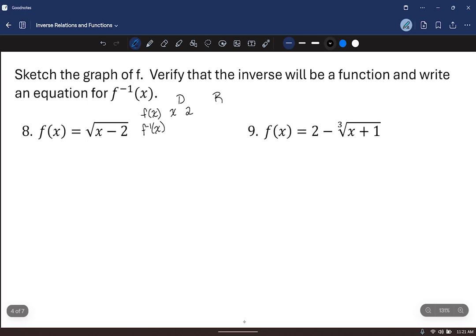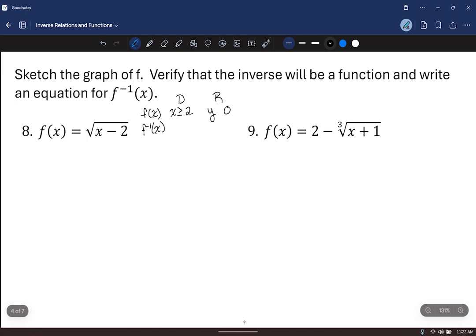That's a positive number. So I know that numbers that are greater than or equal to 2 will give me 0 or bigger. Now 2 is the smallest number that I would be plugging in for x. So that will give me the smallest number for my range. So if I plug in 2, 2 minus 2 is 0, so I know my y values are going to be something to 0.